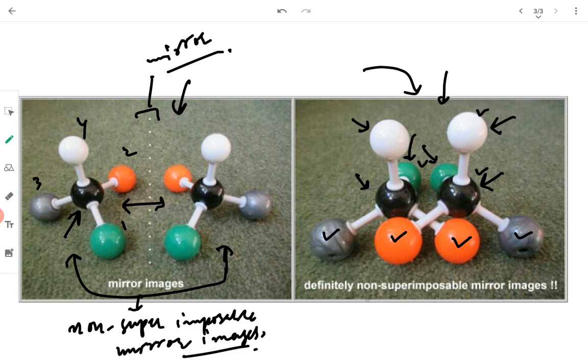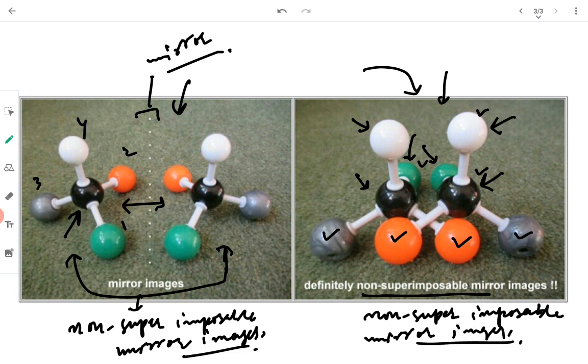Such mirror images are known as non-superimposable mirror images. It means that this molecule and this molecule are different molecules.